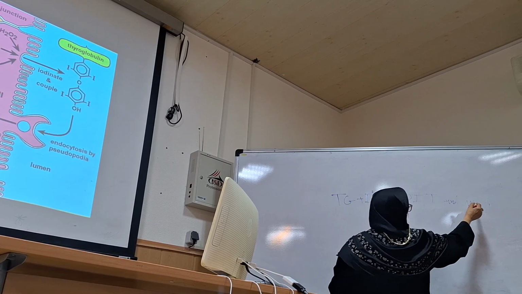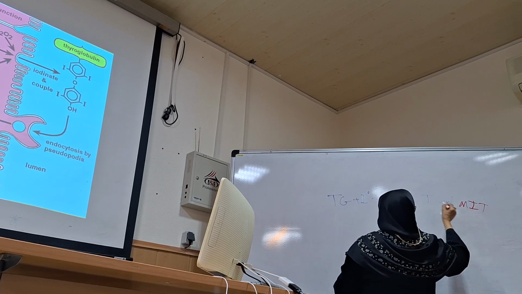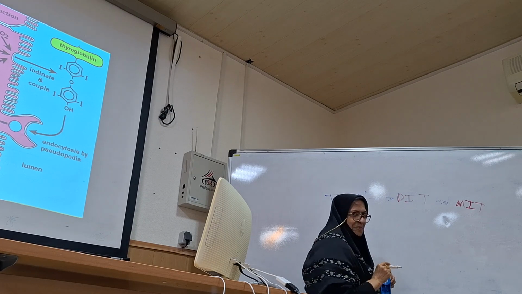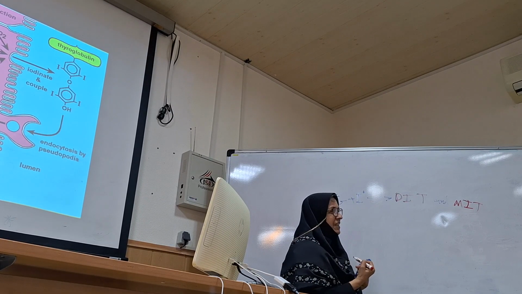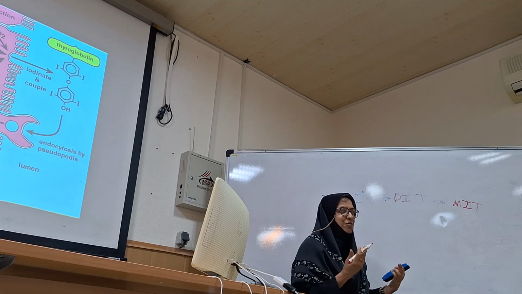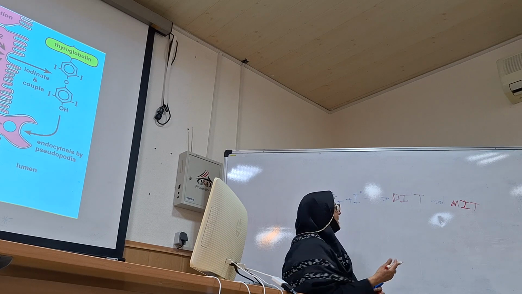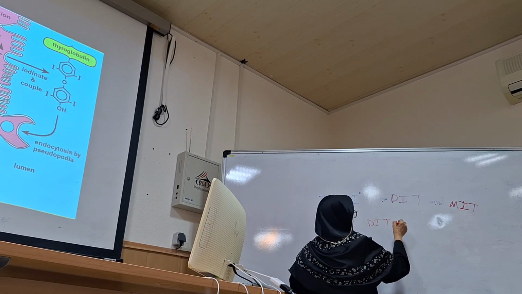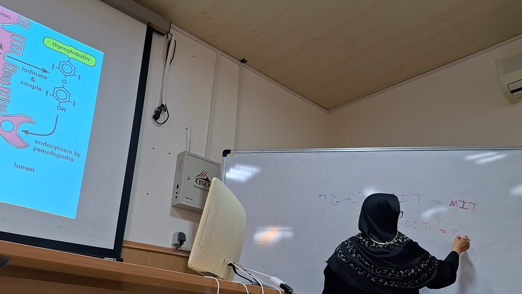Iodotyrosine. MIT is monoiodotyrosine, and DIT is diiodotyrosine. If we need T4, or T3, or reverse T3, maybe DIT plus DIT converts to T4.